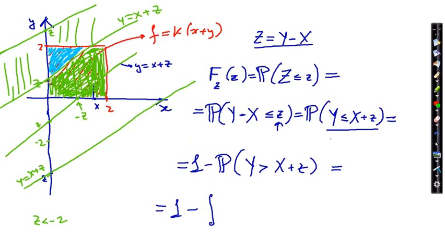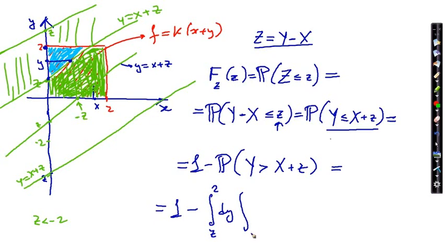So y is running from z to 2, dy. For each fixed y, x is running from this point to that point.